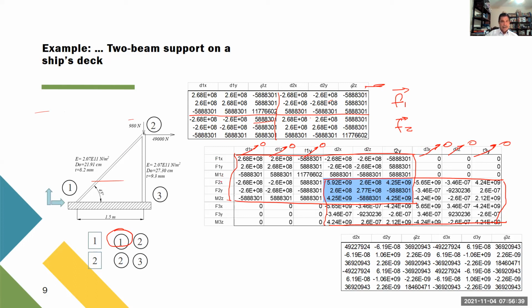F1y, M1z are unknown. F2x is 49,000. F2y is minus 980. M2z is 0. This is it. And you see that we have 3 unknowns here, and here we have 6 unknowns, total of 9. So 9 equations, 9 unknowns, and we can proceed to try to solve it in a unique way. So the results that we obtain are unique.